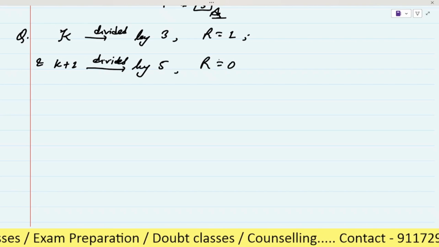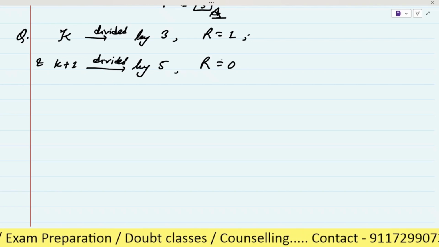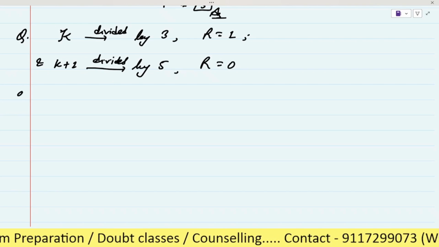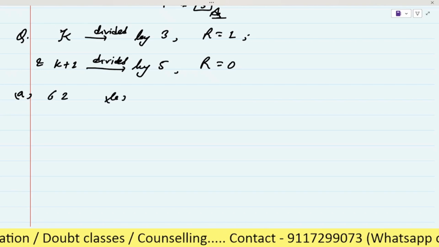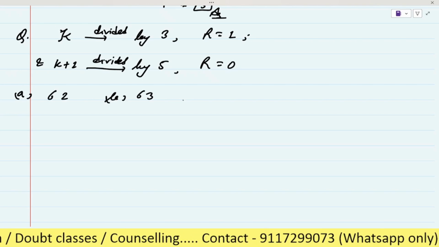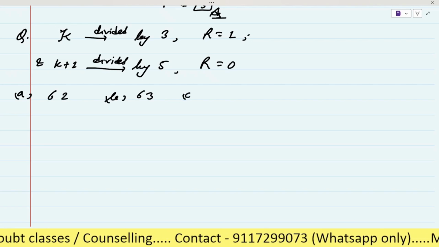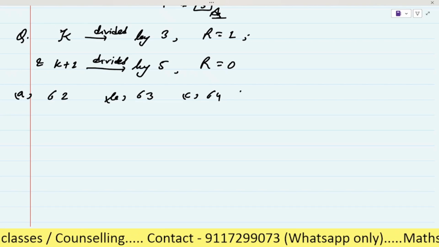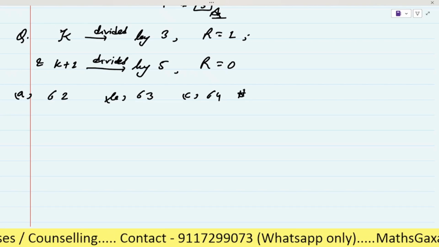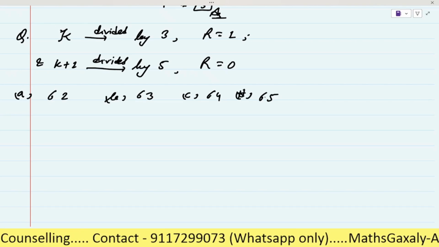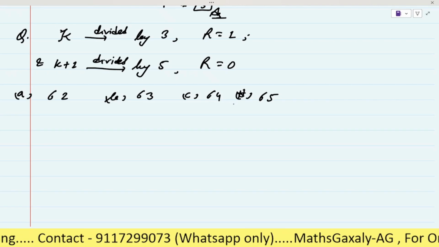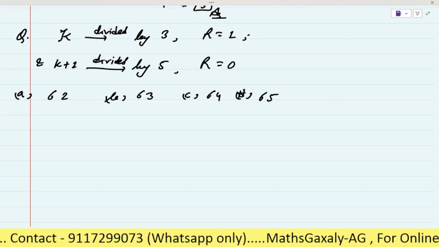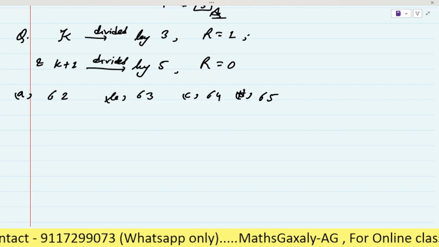Which of the following is a possible value of k? 62, 63, 64 and 65. It's too easy. Just try it. Without pen and paper, I think you can solve it.